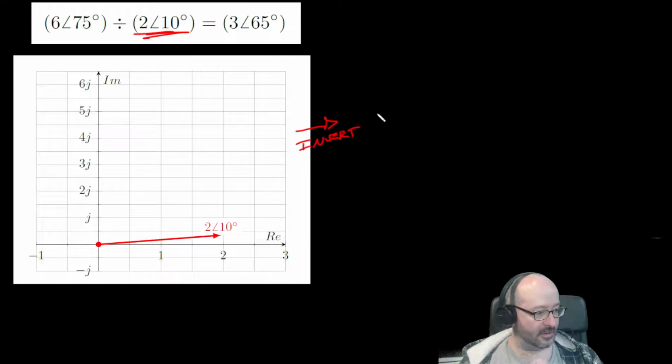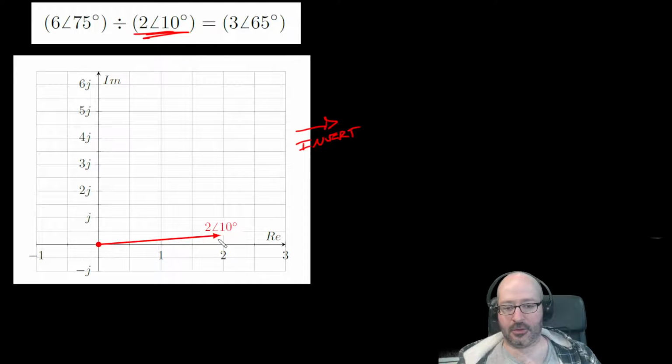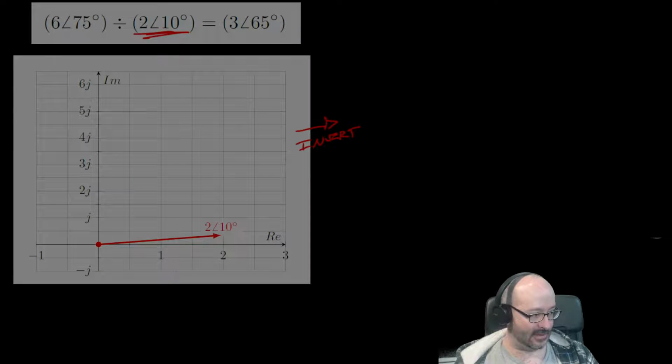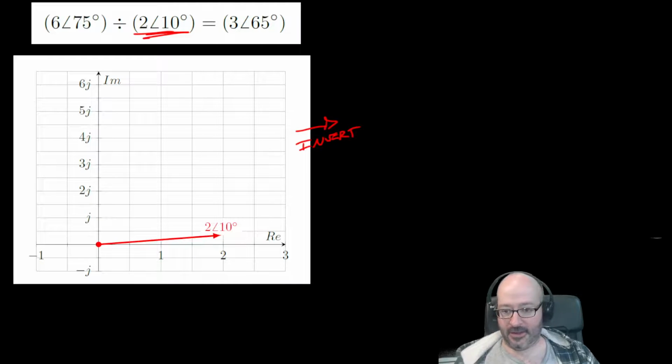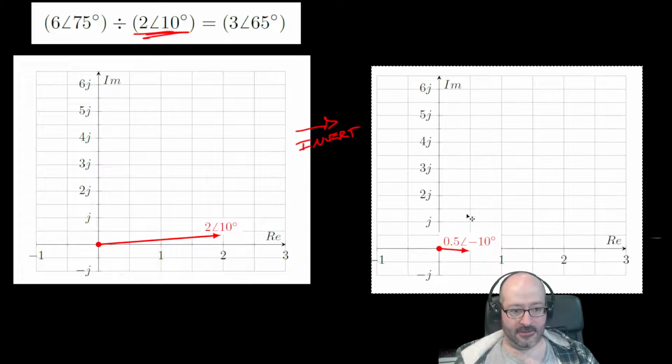I'm still stuck in subtraction. Okay, so 2 is going to become 0.5, and 10 is going to become -10. All right, so we invert it, and we end up here. 0.5 at an angle of -10.